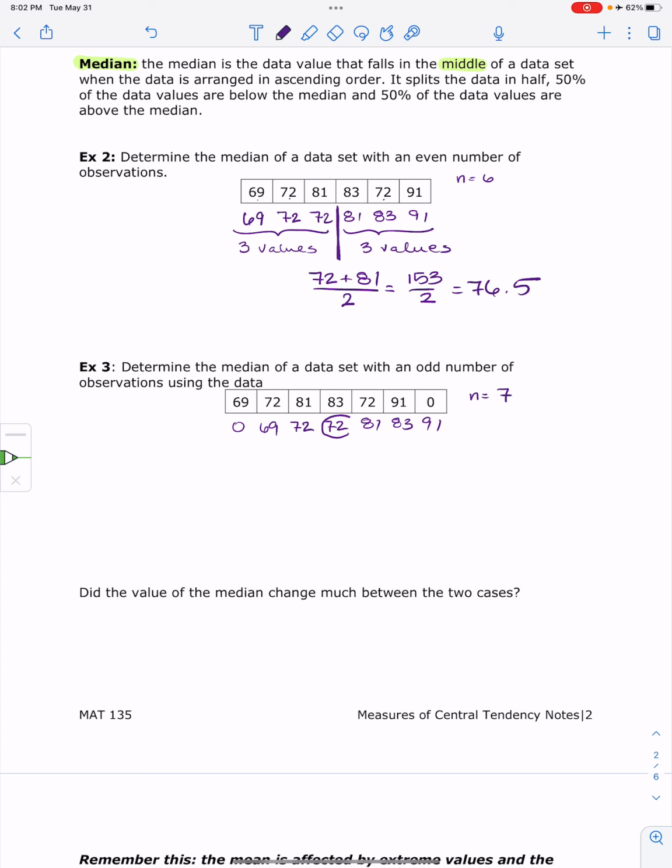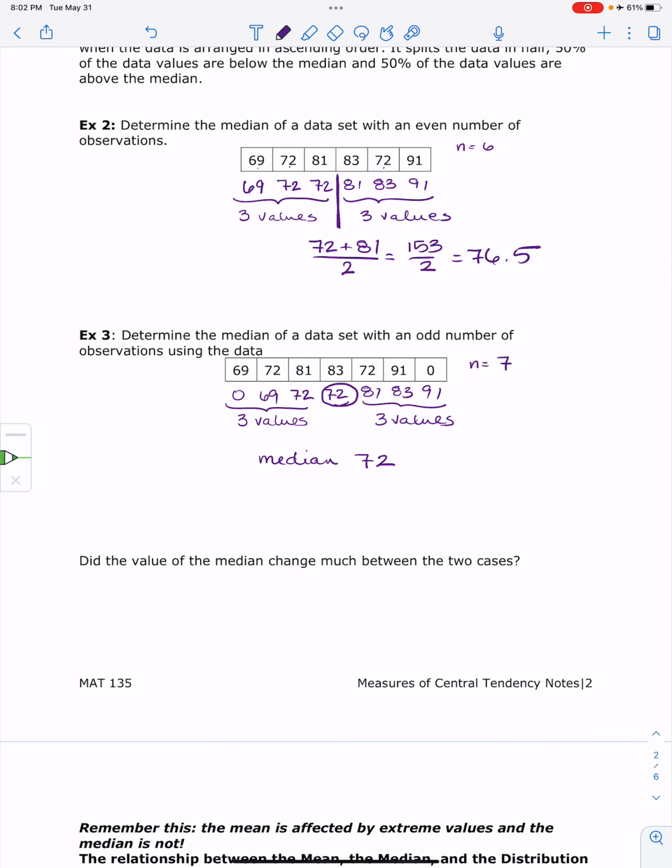So if I pick this number 72, notice still I have 3 values below. I have 3 values above. So my median is actually 72 here. It's a member of the set. Does not really matter that there's a 72 value to the left of it in the lower half. That's okay. Again, we're physically dividing the data set into 2 equal-sized parts.